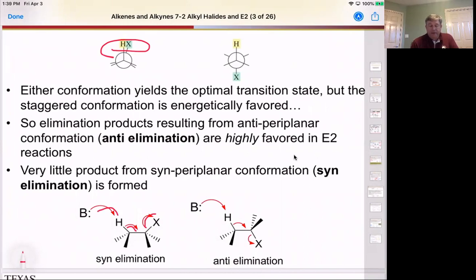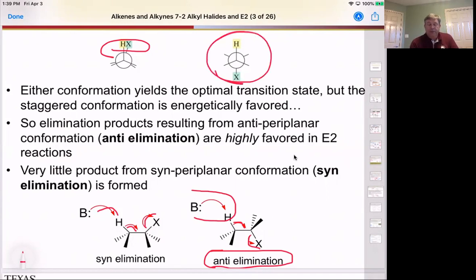That's not as favored as if we have the base come in and start to remove the hydrogen, have the electrons kick in and the electrons kick out. So this anti-elimination is favored, and therefore we tend to get our Newman configuration into this configuration. And when we're in that configuration, we want to see where our big groups are. In all likelihood, our big groups are going to try to be opposite each other in this type of elimination.